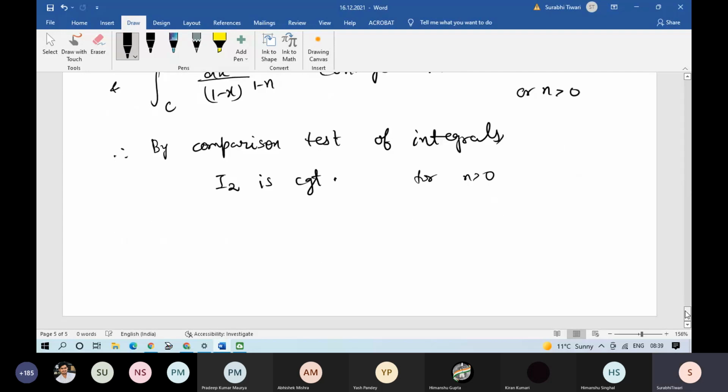So combining both, beta mn is convergent for m greater than 0 and n greater than 0. And in the definition of the beta function we have assumed m greater than 0 and n greater than 0. So therefore our beta function is always convergent.